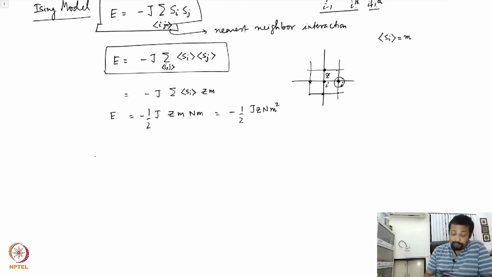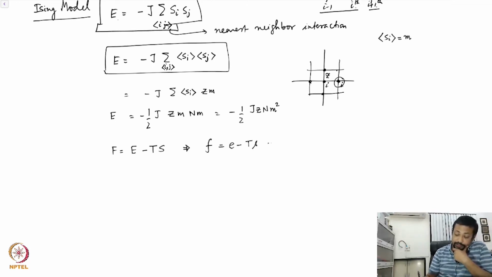The free energy now. So now you clearly see that there are two competitions. One is from the entropy and the one is from the internal energy. So what is going to be the thermodynamic state of this? And that competition between these two is given by the minimization of the Helmholtz free energy, which is E minus TS. And if you write down the free energy per spin, this becomes small e minus T times small s.